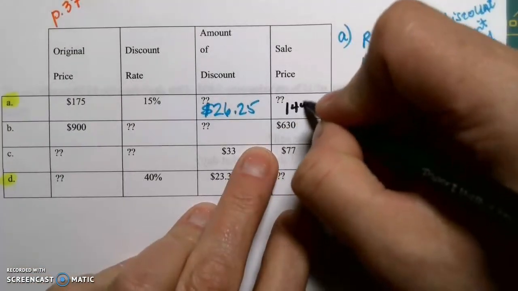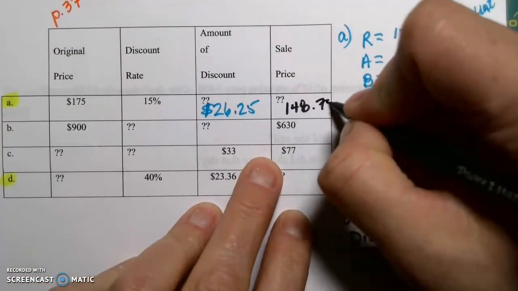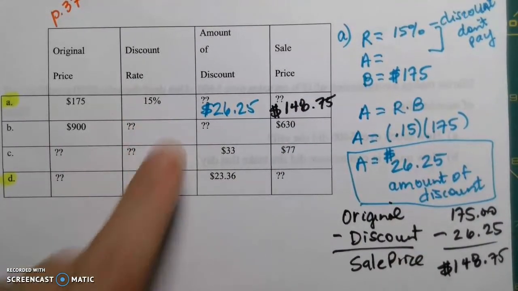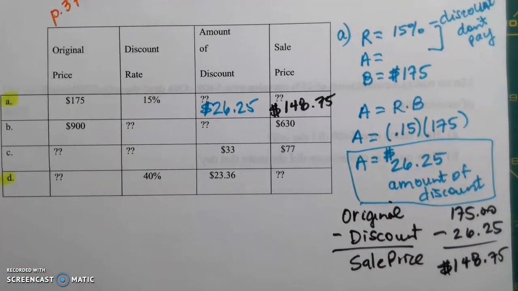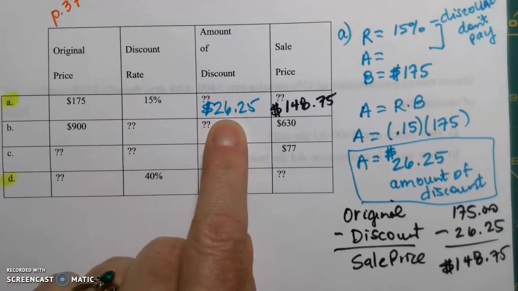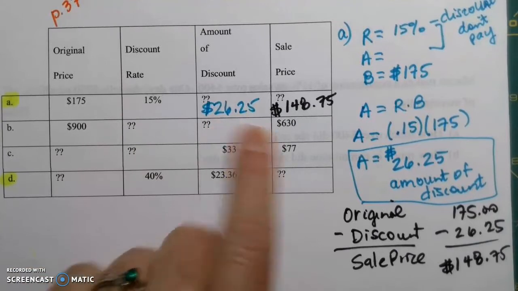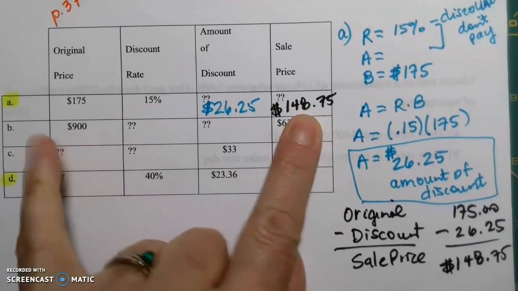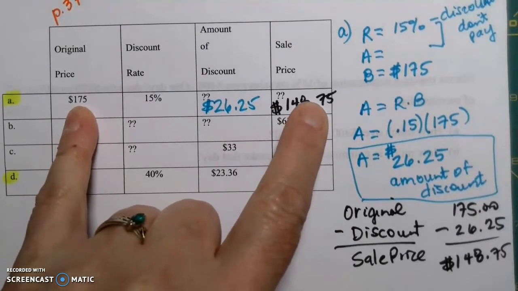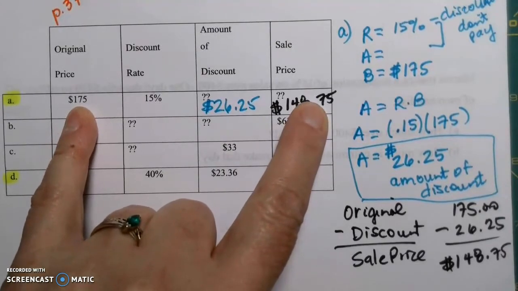And if you think about these in terms of whether they make sense. Okay, so 15%, that's a small amount. So as far as a percent, we are not paying a small amount. And that leaves us with a sale price, which is down some, but it's not like crazy small.